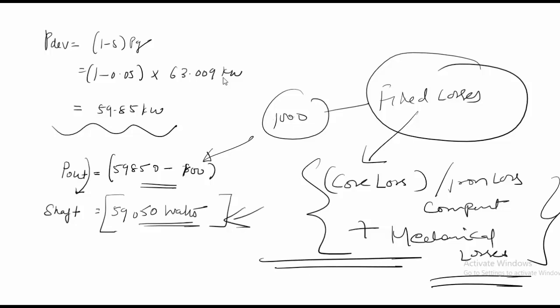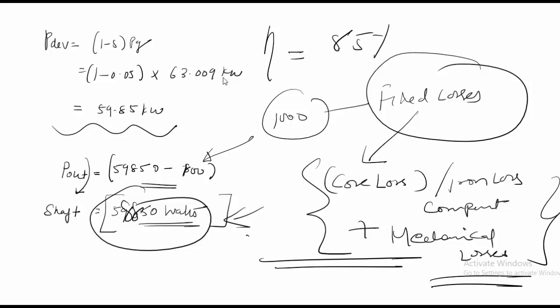And your efficiency was calculated based on this, 58850, and the efficiency calculated based on this was close to 85%. So that's how you can calculate based on the equivalent circuit.